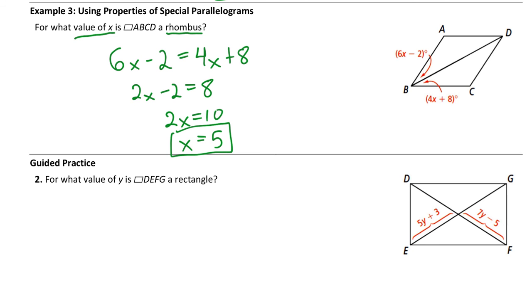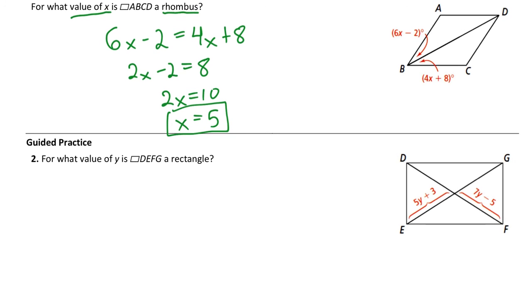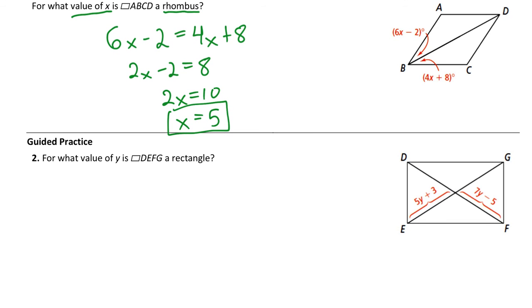Now, in the guided practice, I want to show that one because it does cover an interesting property, because it combines the property of parallelograms and rectangles. Because if you remember, in parallelograms, the diagonals must bisect each other, and in a rectangle, the diagonals are congruent.